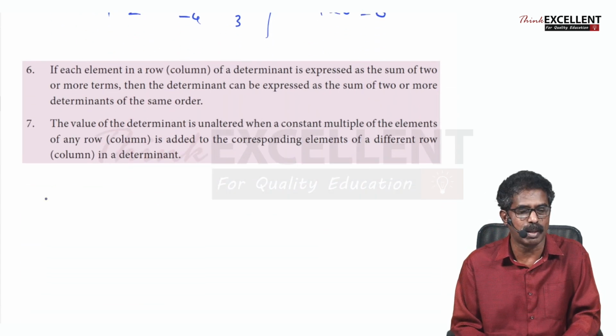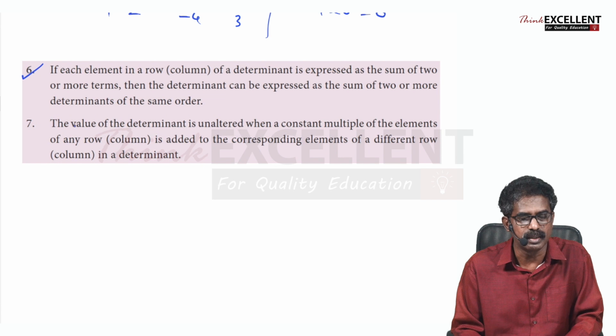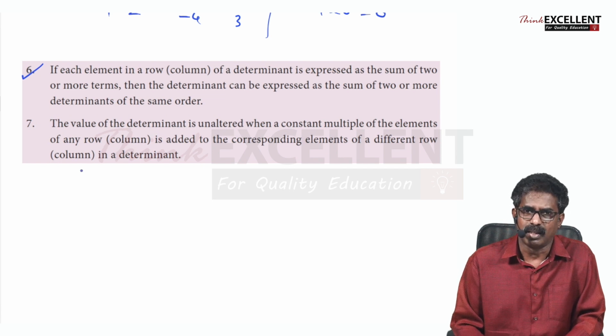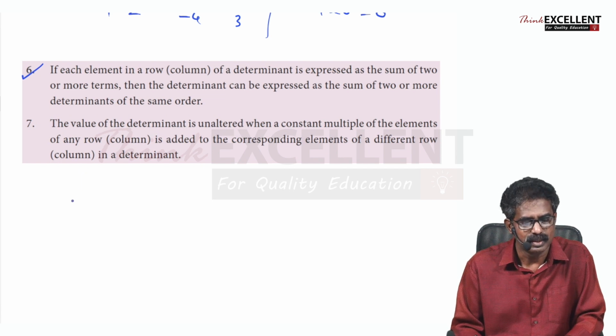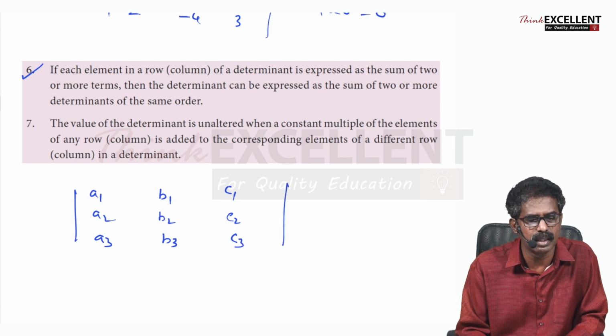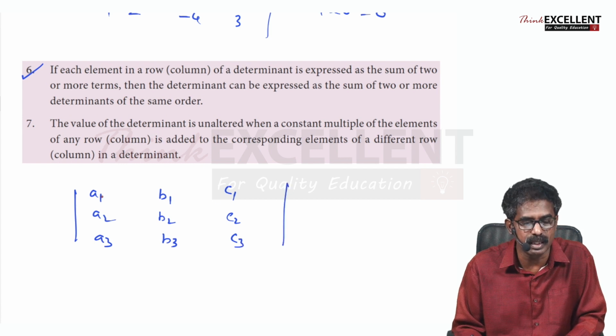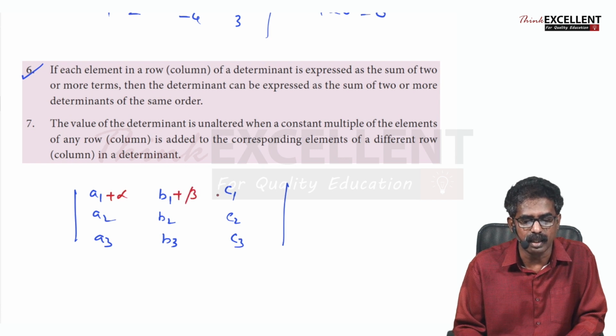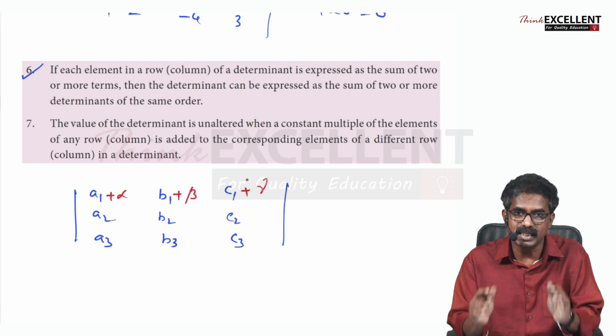Now the last 2 more properties, see. The sixth one, I'll explain first, then you read it. Suppose the first row is a1, b1, c1, as we normally write, then a2, b2, c2, a3, b3, c3. Suppose the first row elements are the sum of 2 terms: a1 plus alpha, b1 plus beta, c1 plus gamma. This is the determinant.